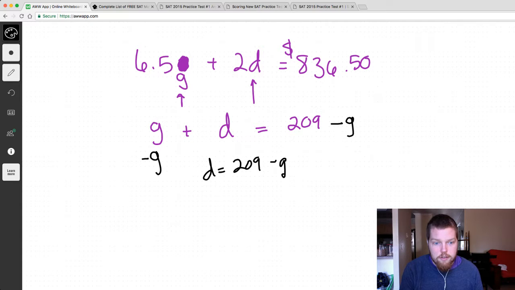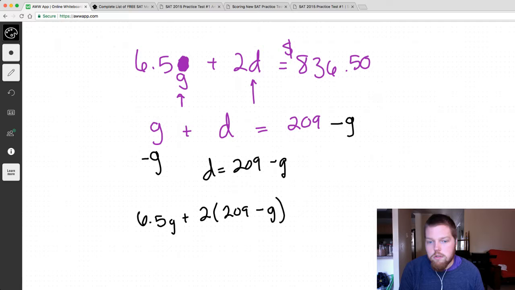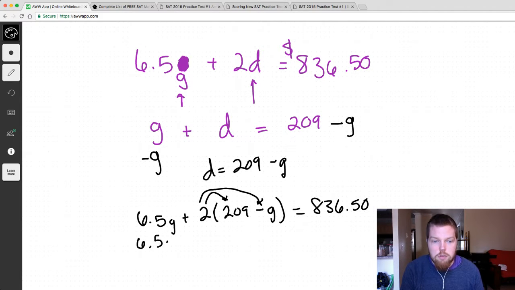So then we'll plug this in for d up here. We'll get 6.5g plus 2 times 209 minus g equals $836.50. Now we're going to use the distributive property here, and we'll get 6.5g plus 418 minus 2g equals 836.50.